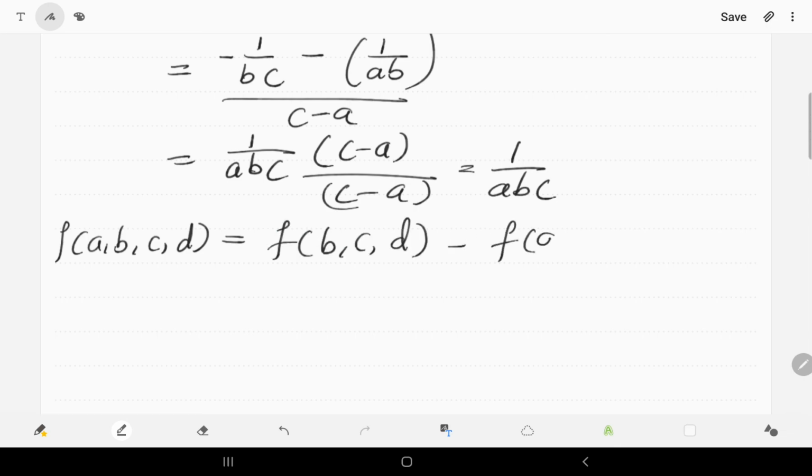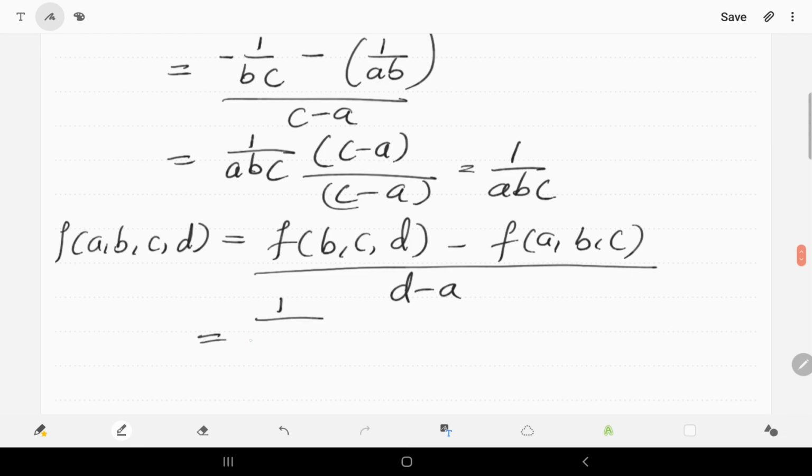Next, the third difference f of a, b, c, d is equal to f of b, c, d minus f of a, b, c divided by d minus a. So, 1 divided by bcd minus 1 divided by abc divided by d minus a.